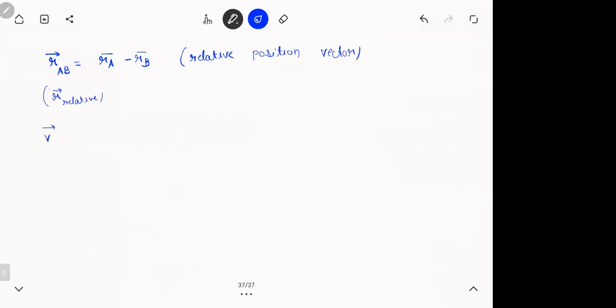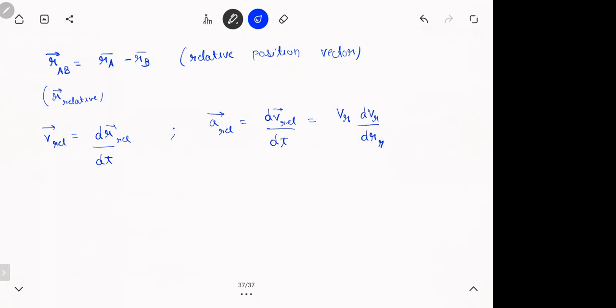Now see, what is V relative? Velocity relative is dr by dt relative. What is acceleration relative? dv relative by dt, or you can write V relative dv relative by dr relative.